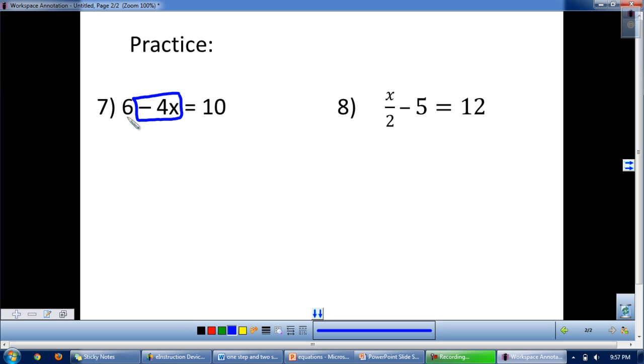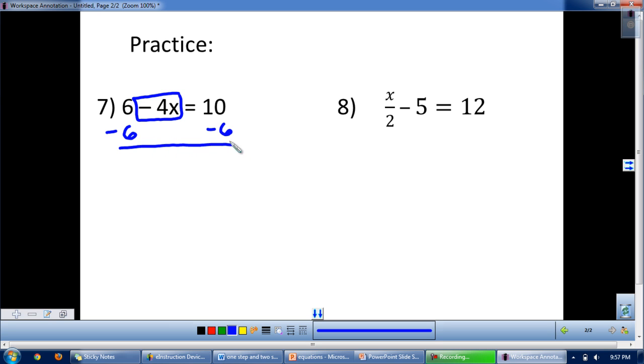Now, what is the sign of 6? Remember, the sign is in front of the number. Since we don't see a sign, it means that is positive 6, or the operation is adding 6. That means the reverse operation is subtracting 6. So we are going to subtract 6 from both sides.